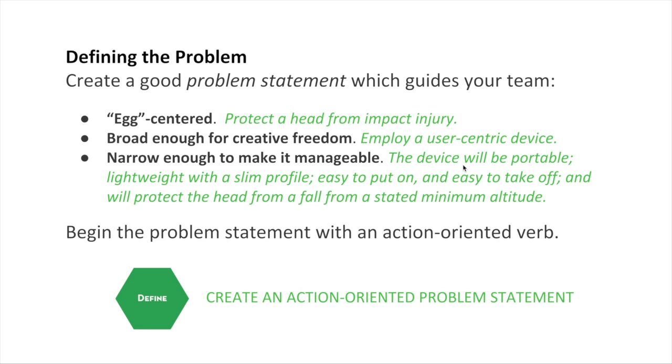The device must be portable, lightweight with a slim profile, easy to put on and take off, and it will protect the head from a fall from a stated minimum altitude. We'll put all these three together to make our final problem statement in just a few minutes, but we'll need to add a little bit more specificity to it.